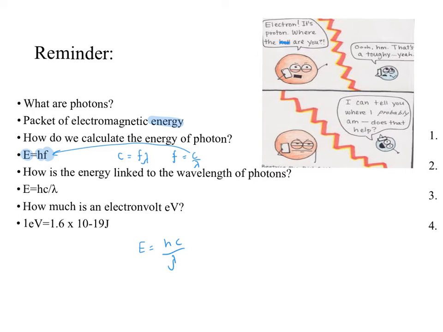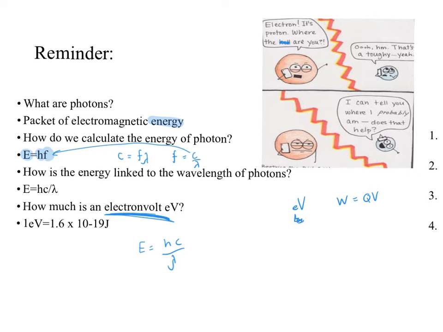And as a quick reminder, 1 electron volt is a unit of energy for when we measure small amounts of energy. We also showed how to calculate that. Work done is equal to charge times potential difference. In this case, it has a very specific definition, and I hope you remember it. That is the amount of energy when an electron is accelerated by a potential difference of 1 volt.